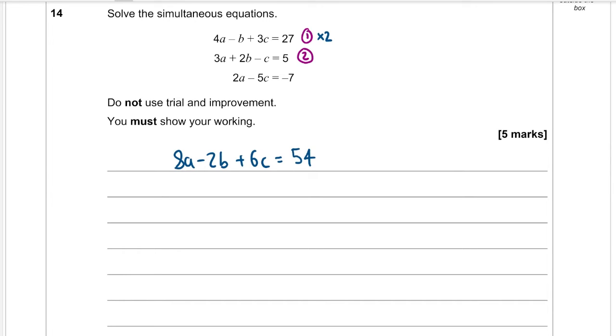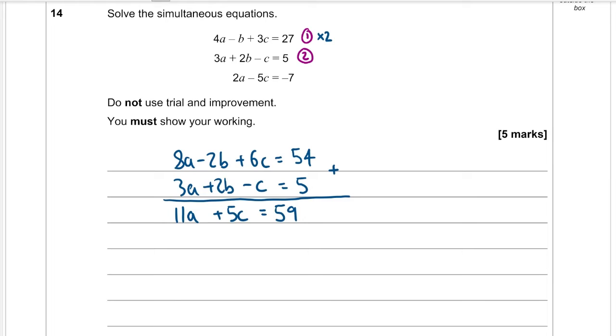And I'm going to write equation 2 exactly the same, and that's going to line up the coefficients of b nice and neatly, so that because they're different signs, I can add the two equations and I'll get cancellation. This is going to give me 11a, plus 5c, and 59.